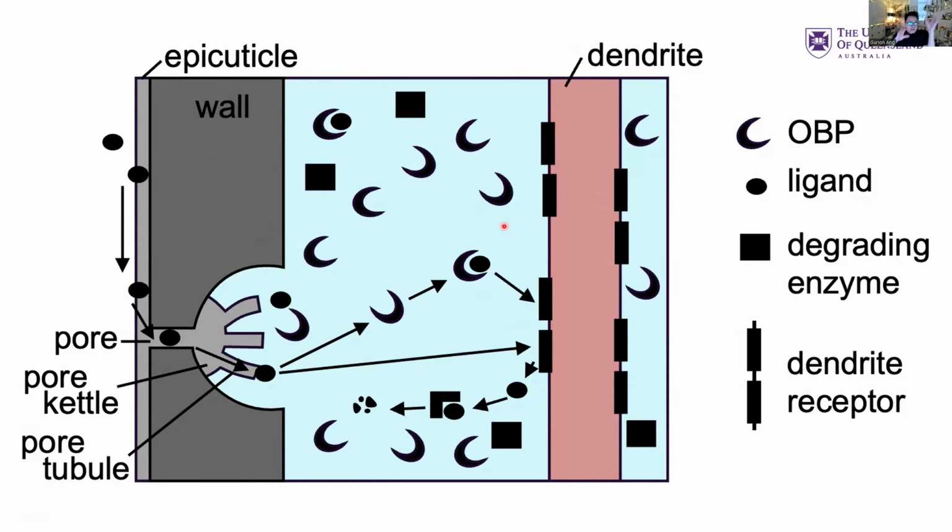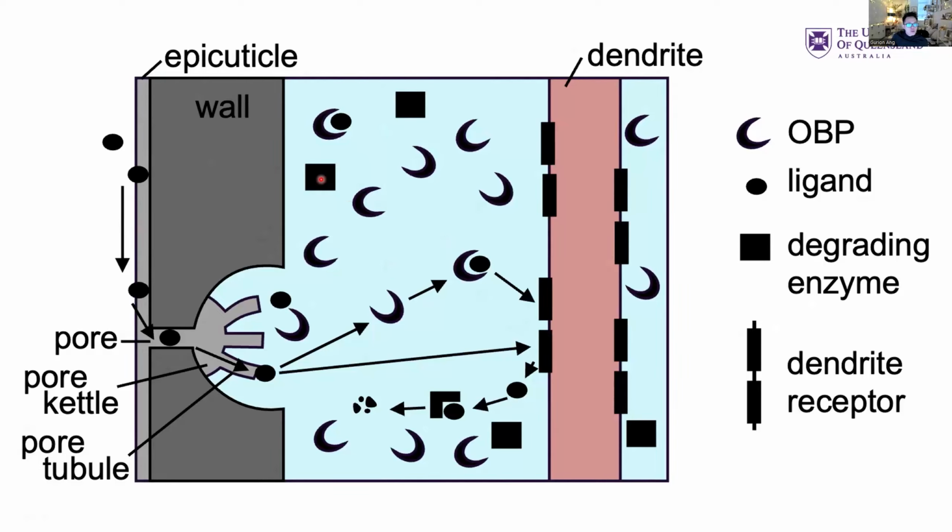And there are these auxiliary cells that secrete these OBPs. And the function is that they will bind, like the name suggests, odor binding proteins. They can solubilize. Now, if your ligand here is hydrophobic, they will solubilize it, they bind it, and then they change it to a hydrophilic complex.